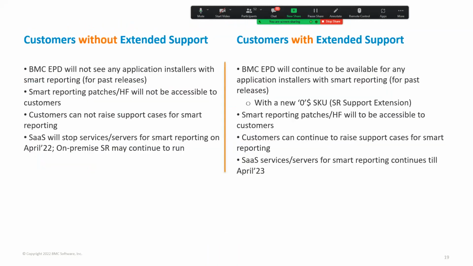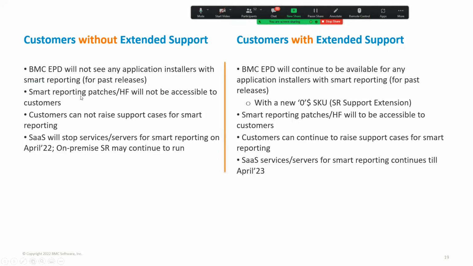Now, what happens with customers without the support extension and with extended support? First, without extended support, in another 2 months, which is April 2022, the EPD will clearly not be available for them. That includes Smart Reporting. They can still continue to access EPD, but they will see bits without Smart Reporting.